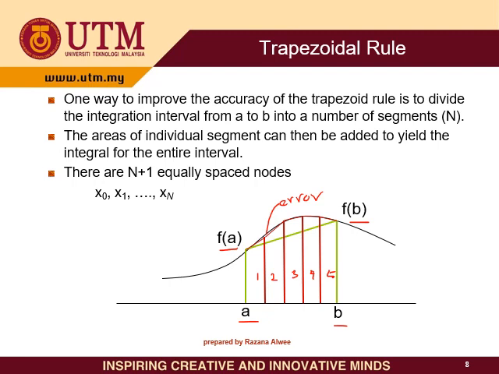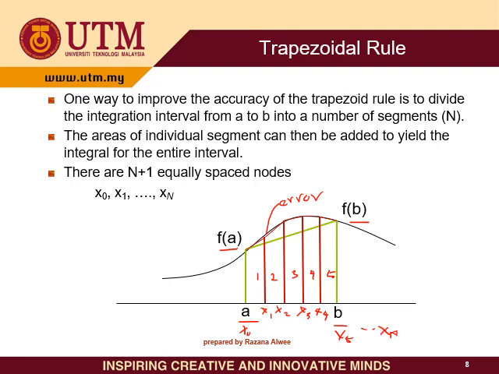So we can better calculate the area under the curve here. Okay, so there are n plus 1 equally spaced nodes. So we start with x0, right? This is your x1, x2, x3, x4, and x5, and if you have more, until xn is the last one.